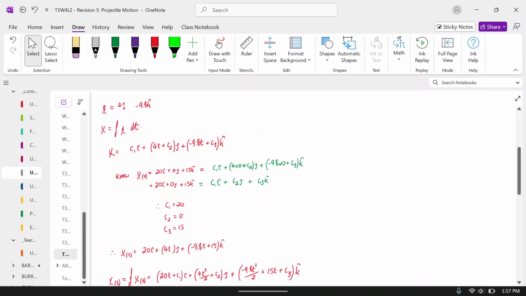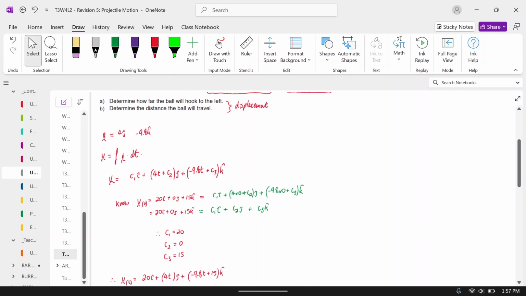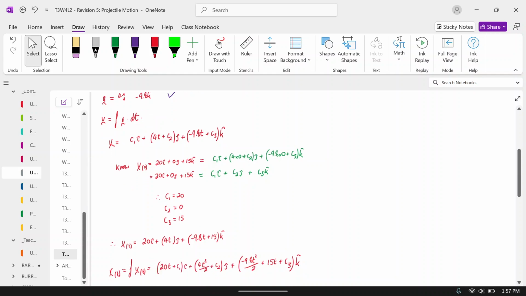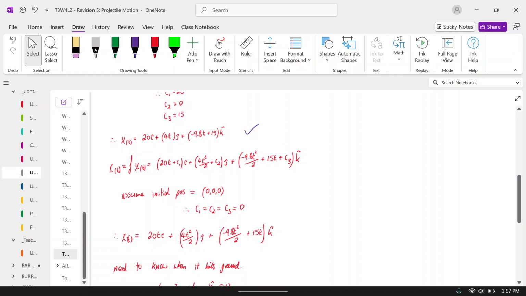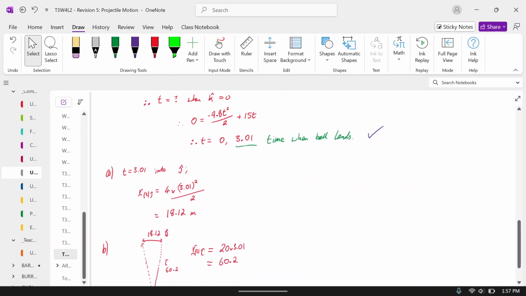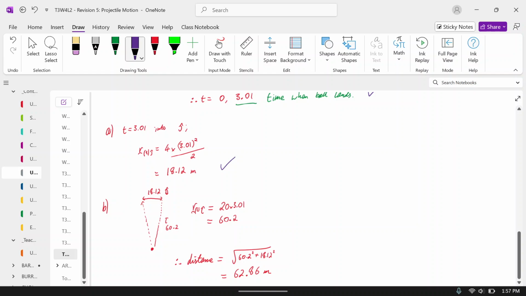Marks wise, you'll get a mark for your acceleration, a mark for your velocity, a mark for your displacement, and a mark for knowing the time when the ball lands.